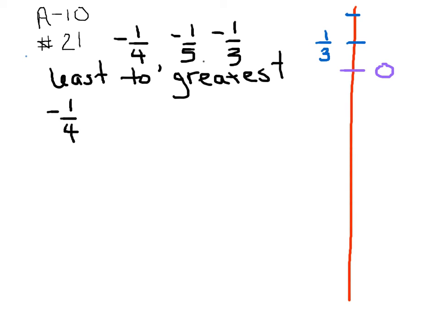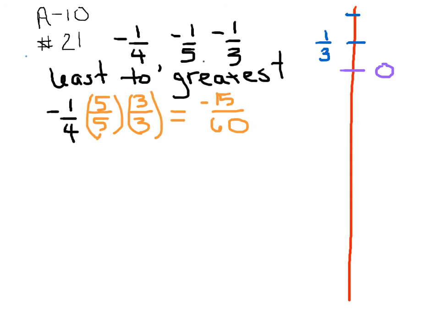I'm simply going to multiply it by this guy, and that's going to give me my common denominator. So I'll take this one here, and I'm going to multiply it by 5 over 5, and I'm going to multiply it by 3 over 3, and that gives me negative 15 over 60.